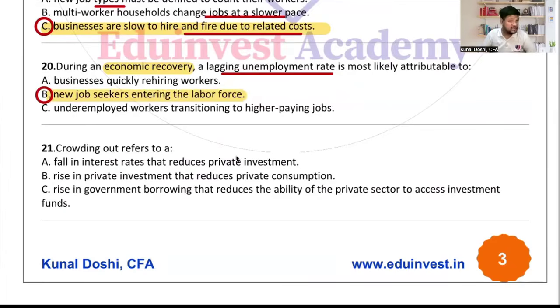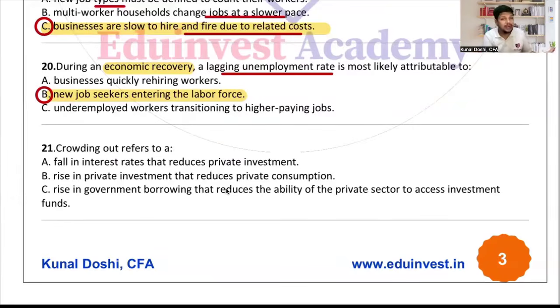These new job seekers, because now the economy is opening up or recovering, right? When the new job seekers enter the labor force, do they immediately get work? No, it takes time for them to get work, right? Because the market is still recovering from the heat. So due to this, it will take time for them to get work.